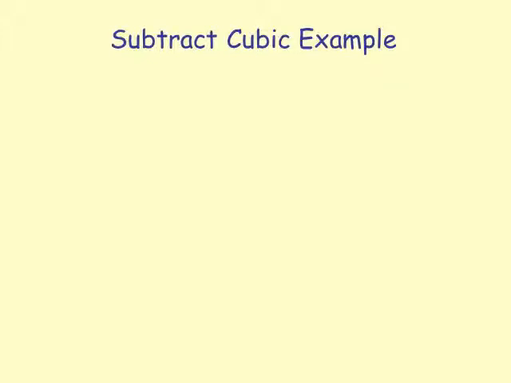Okay, let's look at some examples of subtracting two cubic expressions. The first expression, E1, is 4x cubed plus 3x squared plus 7x minus 6.